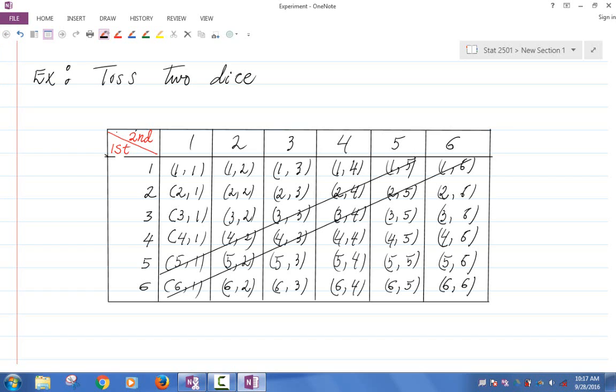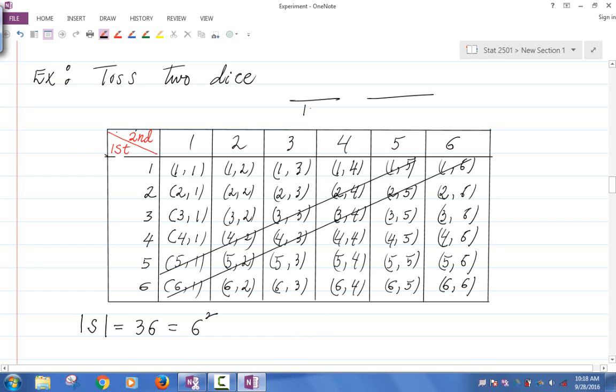So what's the total number of outcomes if we toss 2 dice? 36. So in this case the sample space has order 36, which is not a surprise. It is 6 squared. So why do we get 6 squared? Because we have two dice.